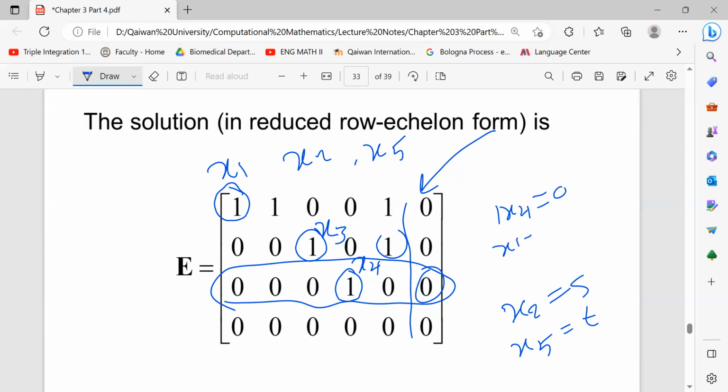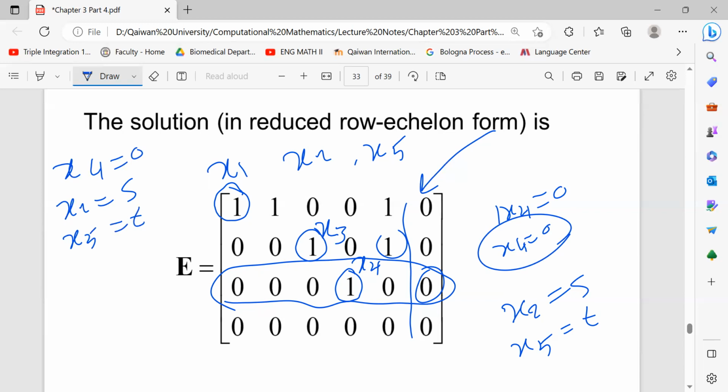So x4 is 0. x2 is s. x5 is t. Then, from these, we can find the values of x1 and x3.